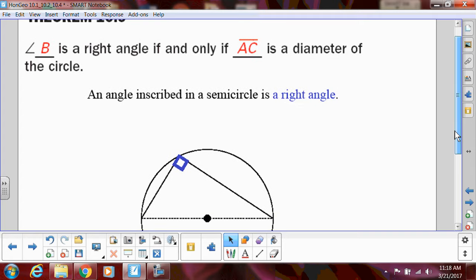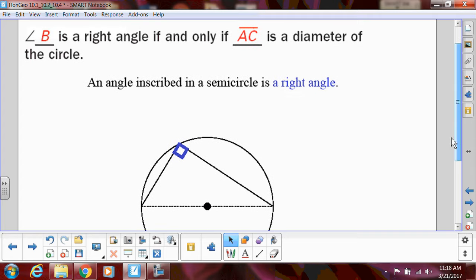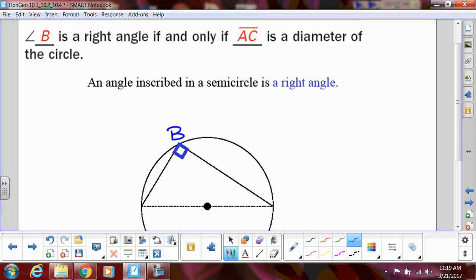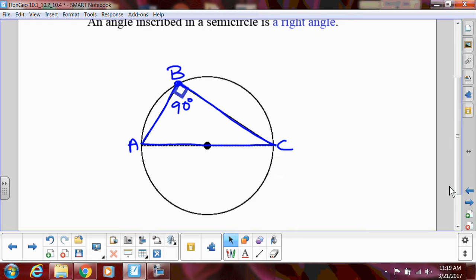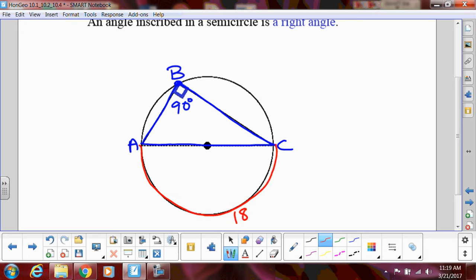Related to arcs is a more specific case. If I have an inscribed angle that is a right angle, and I call this angle B, then AC has to be the diameter of the circle. Let's think about that for a minute. If I know that this inscribed angle is 90 degrees, then the intercepted arc has to be twice as big, 180 degrees.